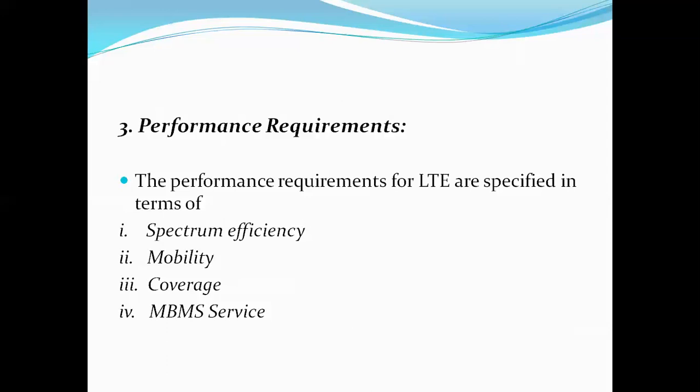And the third one is the coverage. For the cell coverage, the target should be met up to 5 km. Then MBMS service, that is multimedia broadcast and multicast service. LTE should also provide enhanced support for the MBMS service as compared to UTRA operation.